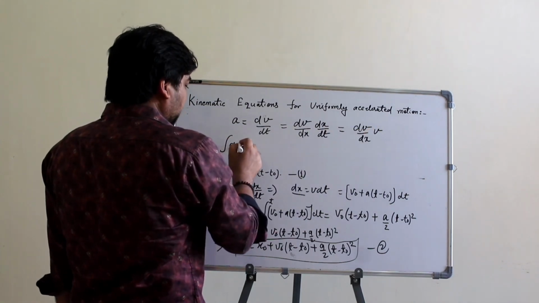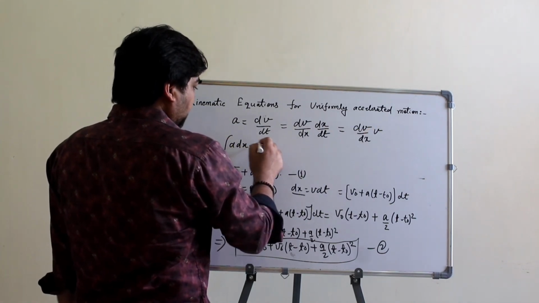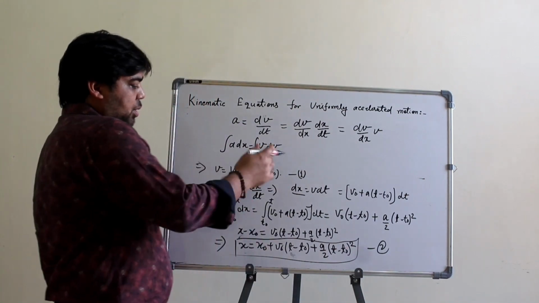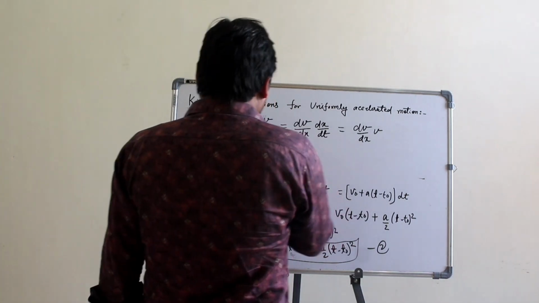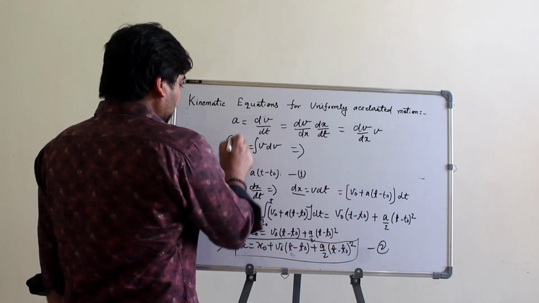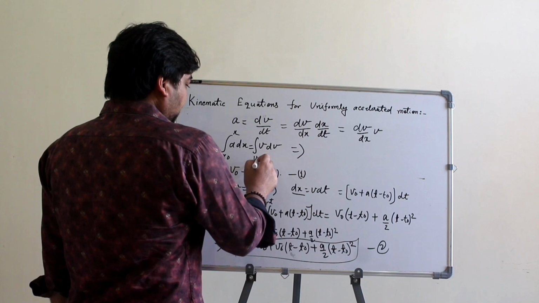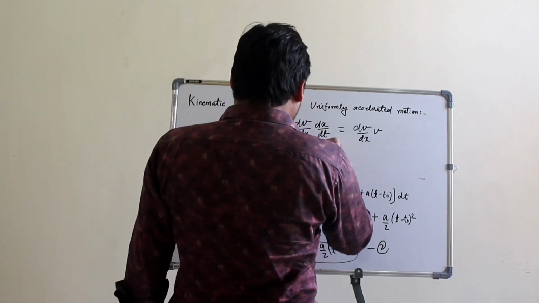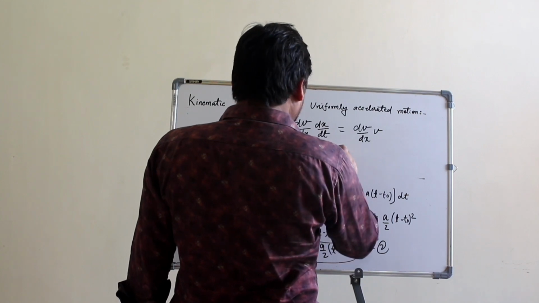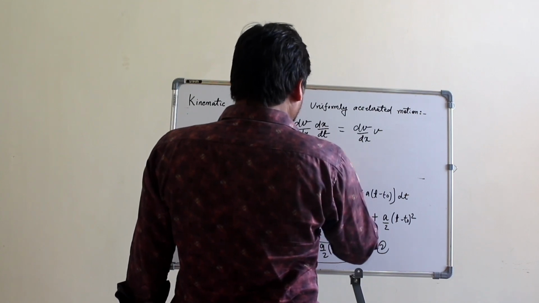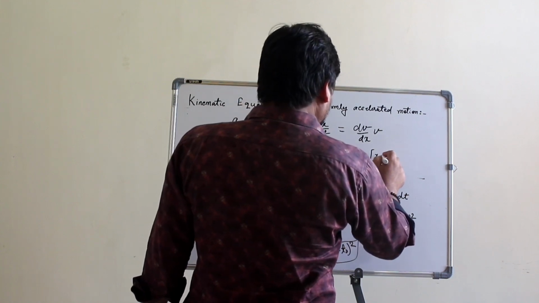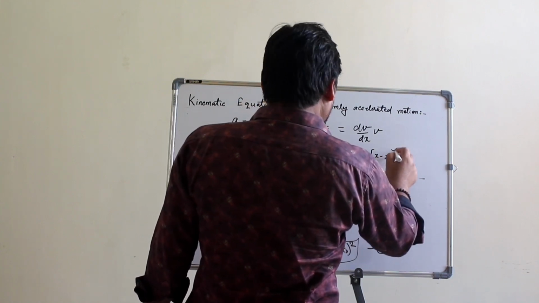So a dx is equal to v dv. Now just simplify it by putting the integral x naught to x and v naught to v, which gives you v square divided by 2 with limits v naught to v equals a into x minus x naught.